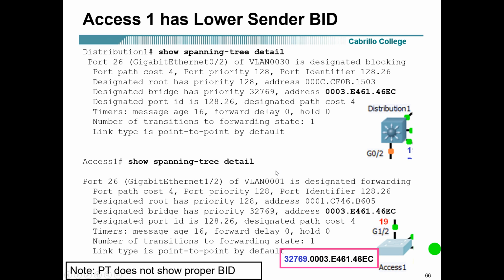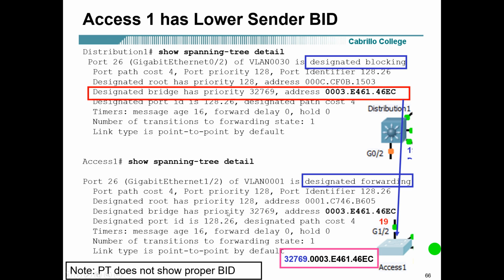However, for our access 1, that gigabit interface is actually going to show a forwarding state. So it may be blocked on this side, but it's still forwarding on this side. Notice the designated blocking, designated forwarding. The designated bridge has that priority, and that will be the MAC address of our access 3.